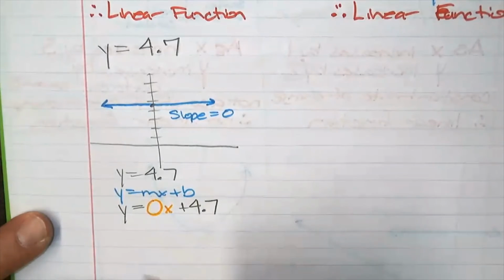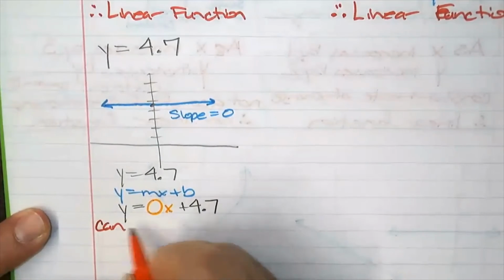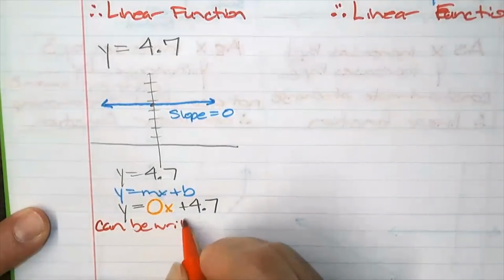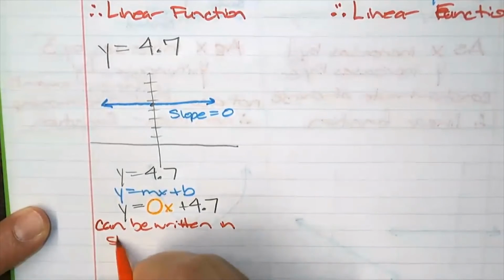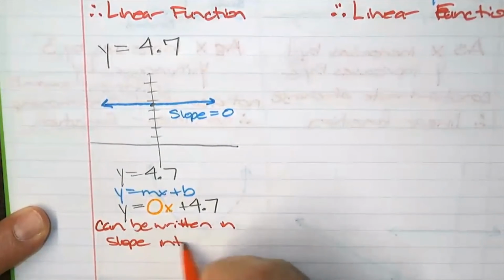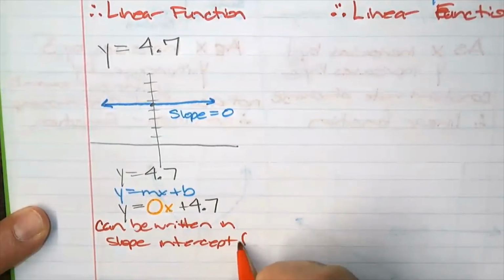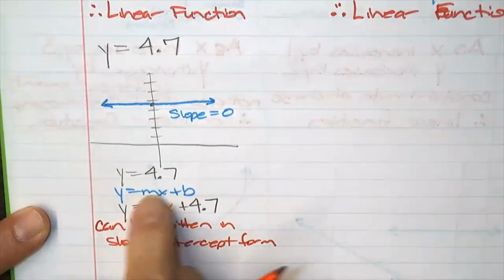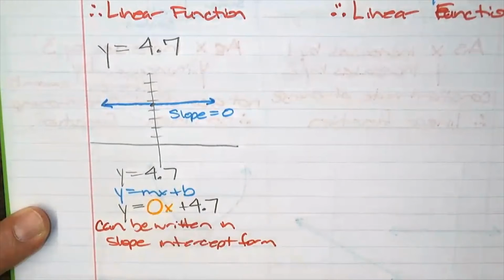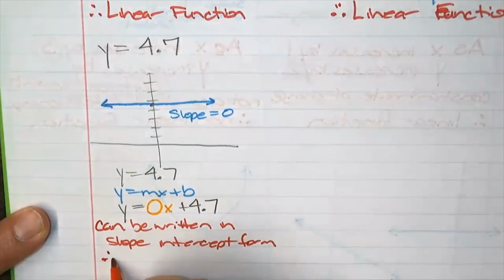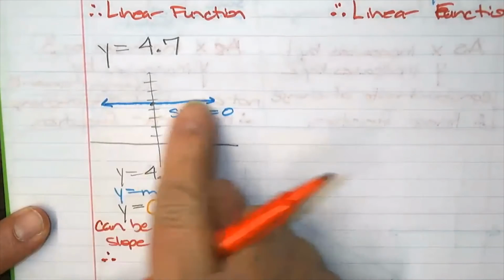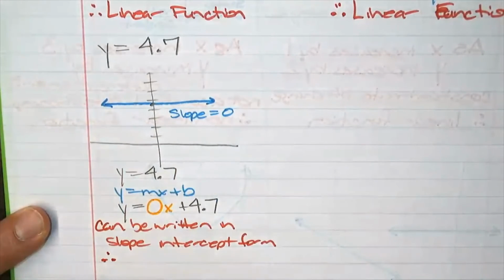This can be written in slope-intercept form. It's just that the mx is invisible. It's 0. Therefore, it looks like a line to me.